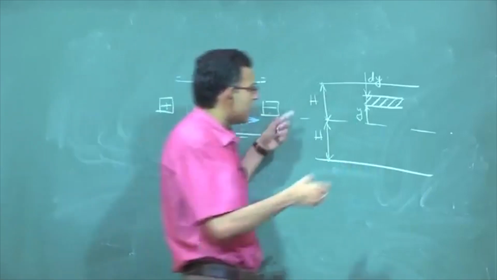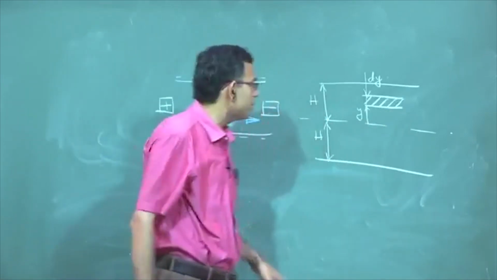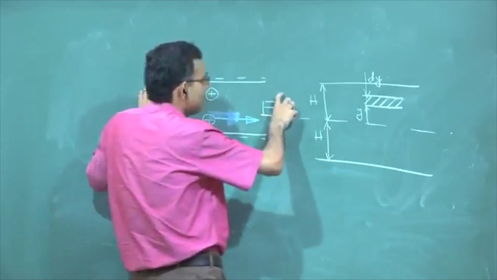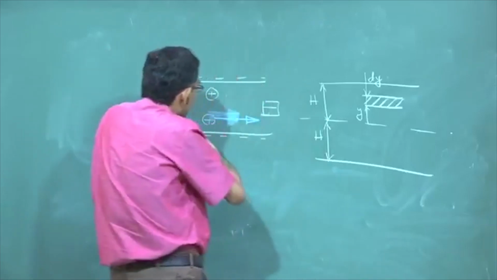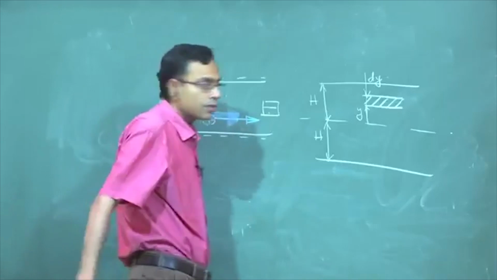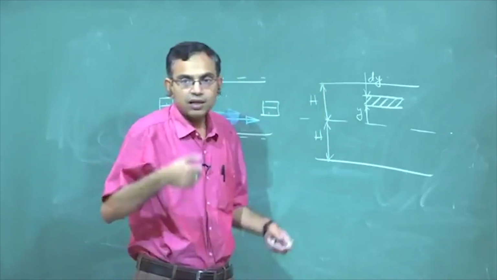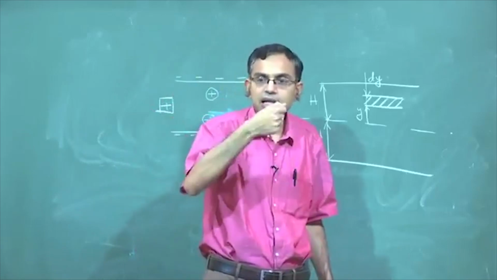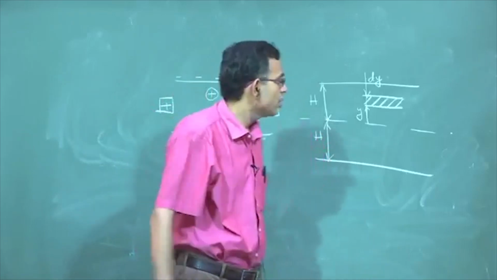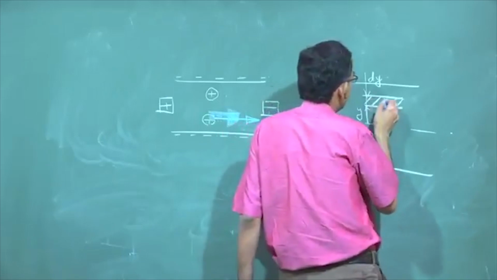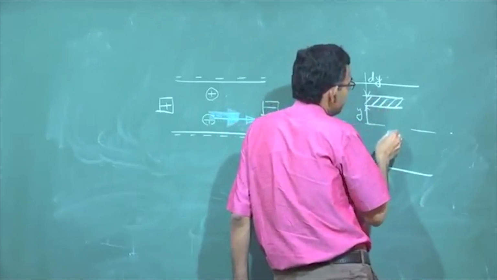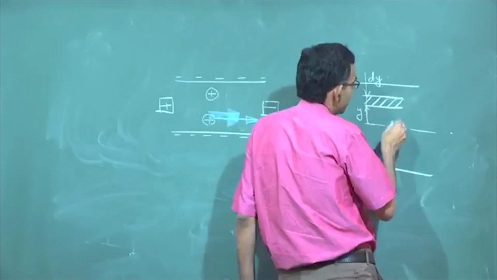If there is no pressure gradient acting on this fluid, that means the pressure here and pressure here are the same and the zeta potential is uniform, then the only forces are the resisting viscous forces and the driving electrical forces.